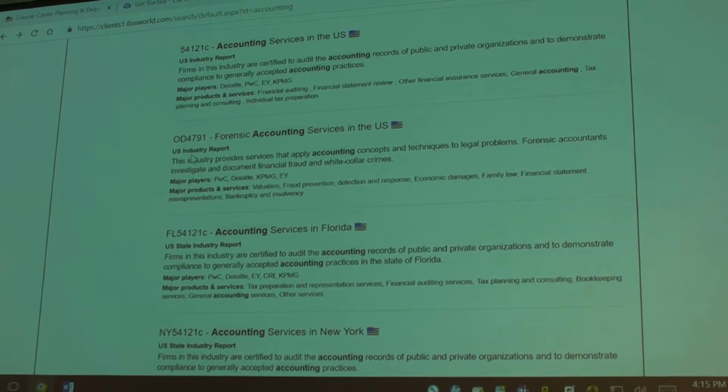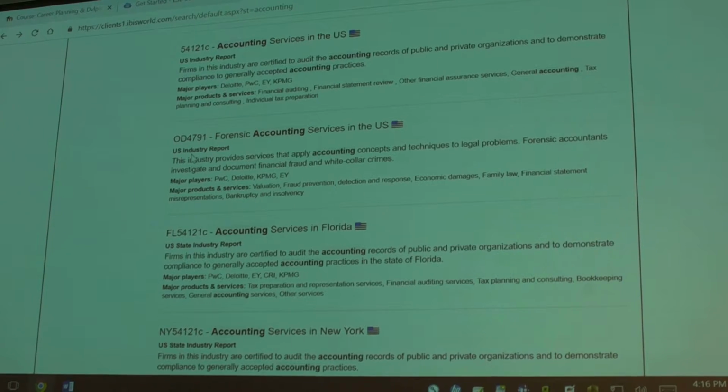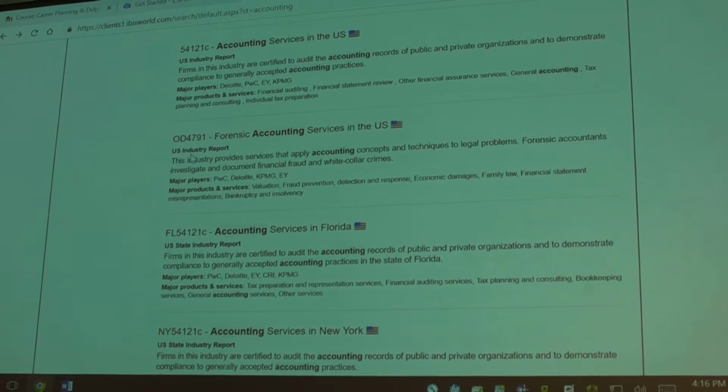If you look right there, forensic accounting services in the U.S. You click on it and you're ready for your interview, in terms of industry research. It's all right there. It couldn't be packaged any better. So if you've got an interview coming up, I don't think anything beats this for doing industry research really quickly.